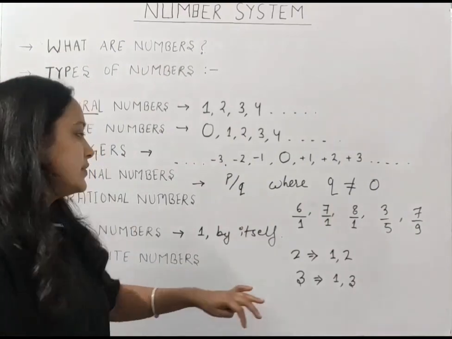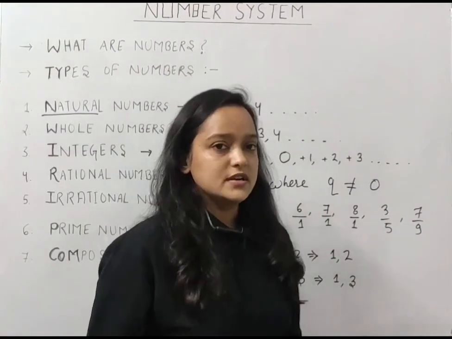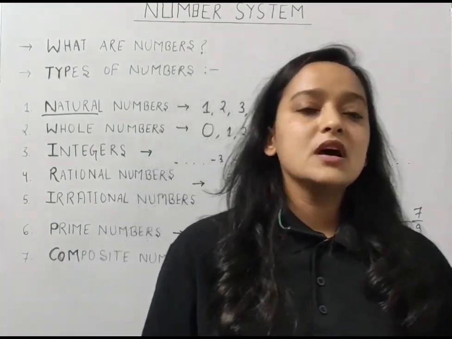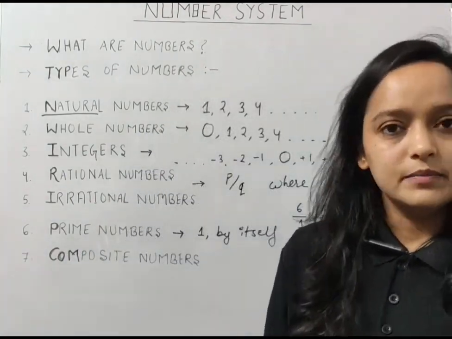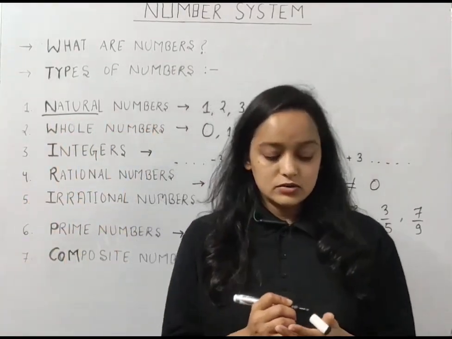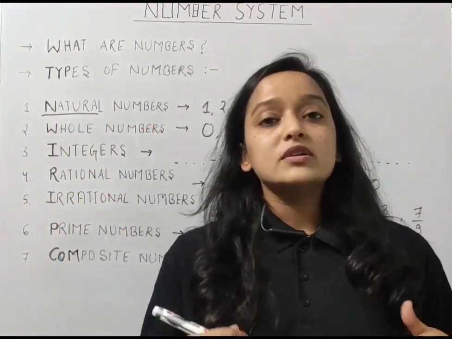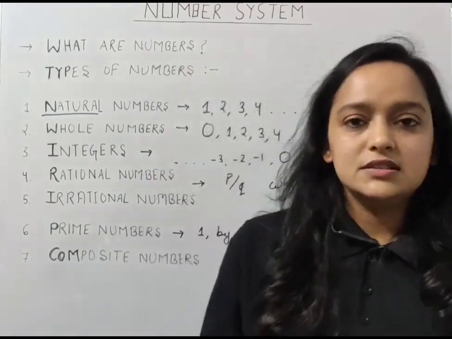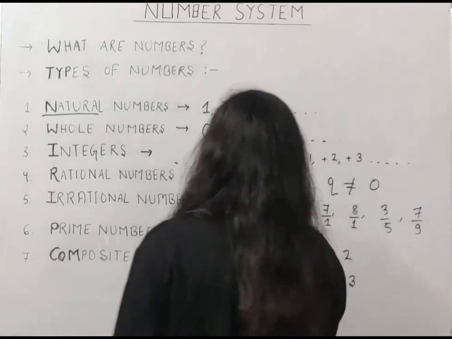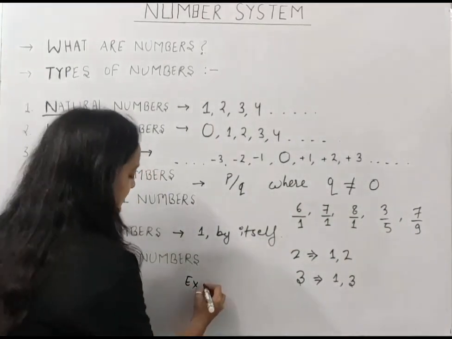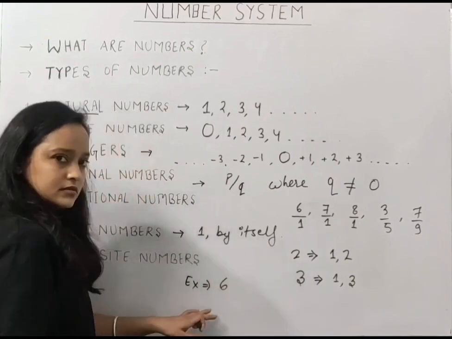Is it clear? Now what are composite numbers? Those numbers which are not prime numbers are composite numbers. Clear? Or we can say that those numbers which have more than two factors are called composite numbers. Let me take an example, that is 6.